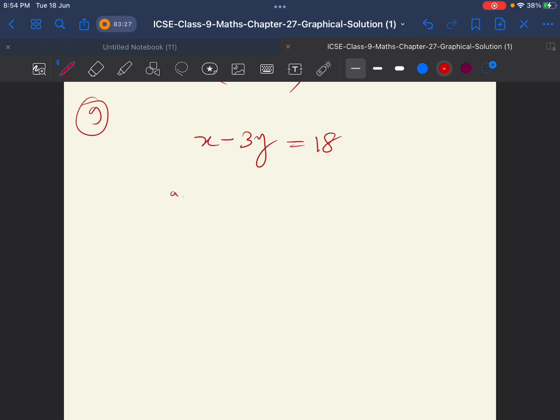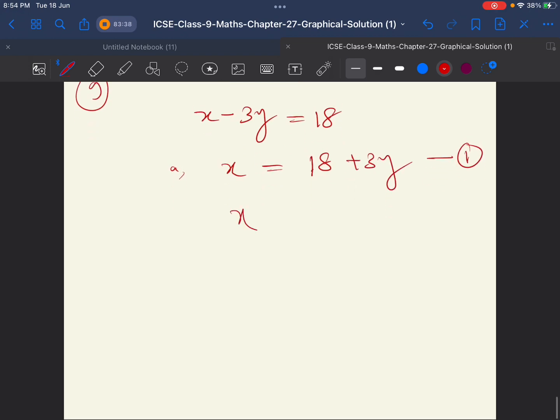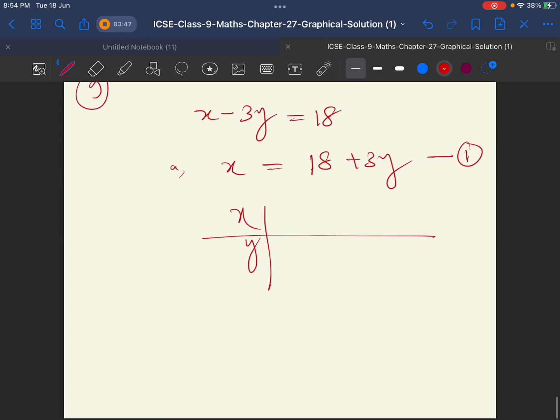So here the equation is x minus 3y equals 18, or we make x the subject: x equals 18 plus 3y. This is equation 1.